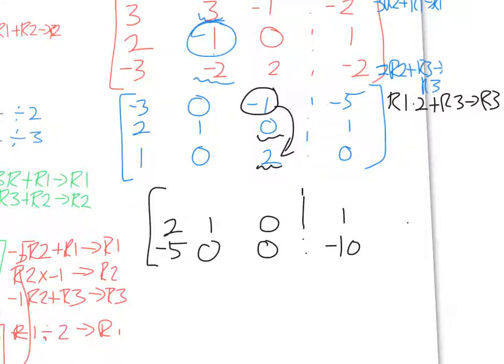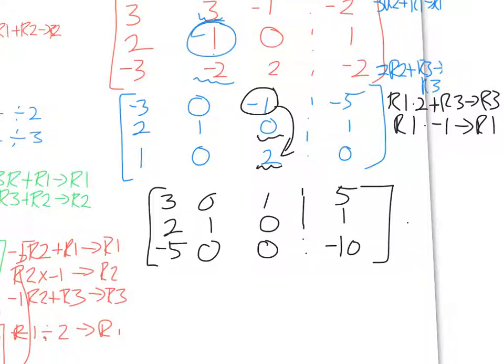And the other thing that I might do here is turn this negative 1 into a positive 1 just to see how that works. So we end up with row 1 times negative 1 to replace row 1. And that's going to give us 3, 0, 1, and 5.